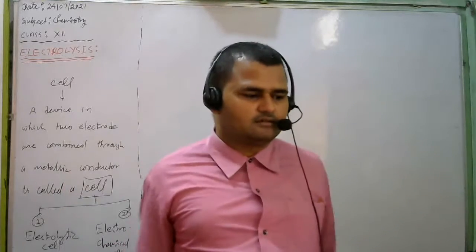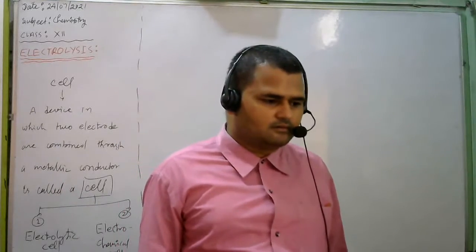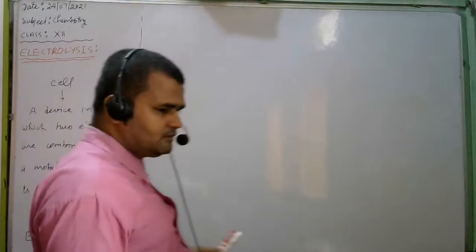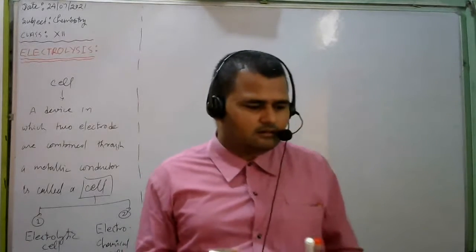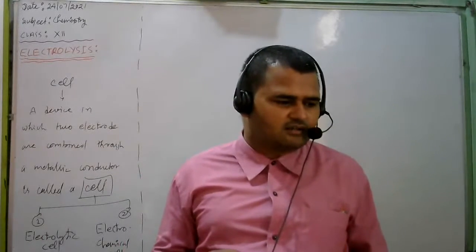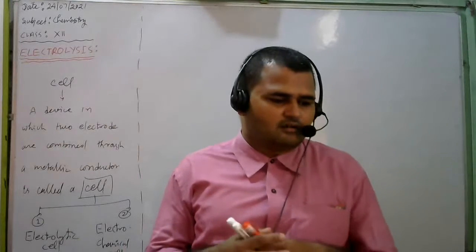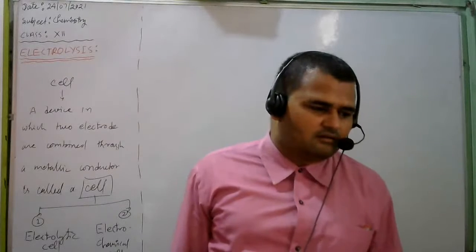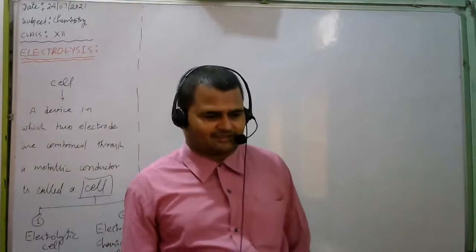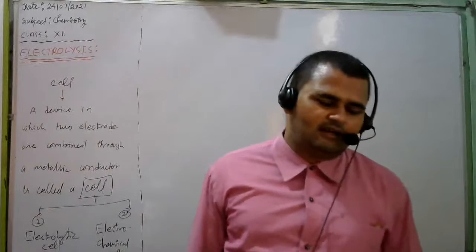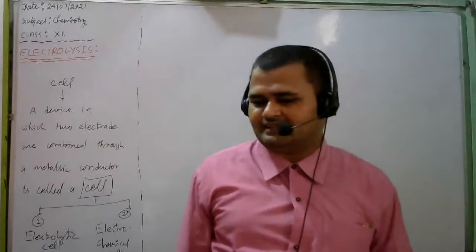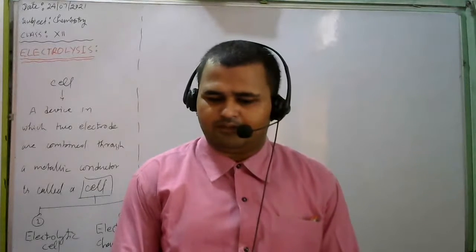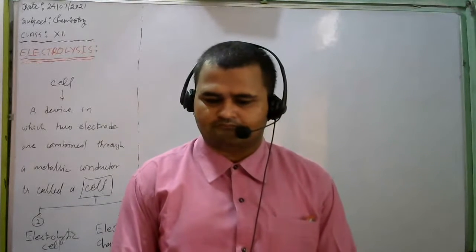The electrolytic cell is generally used to carry out non-spontaneous reactions, right? And the electrochemical cell is used for light. Very basic thing here.